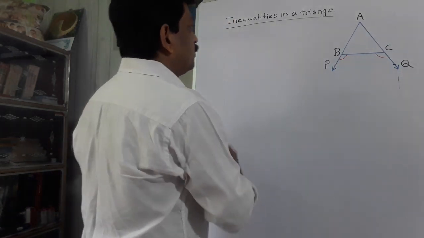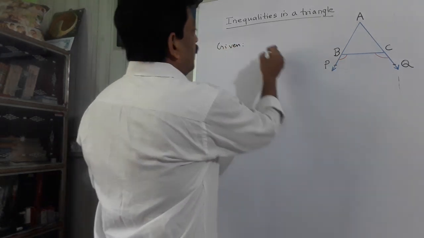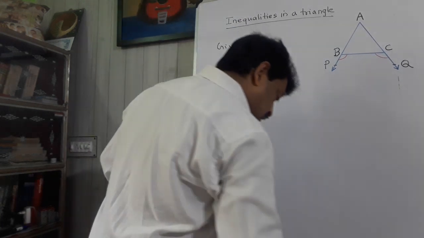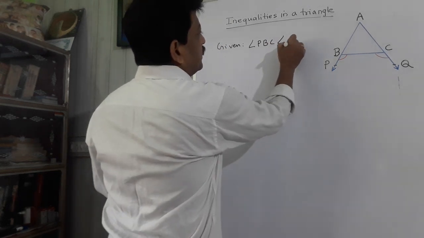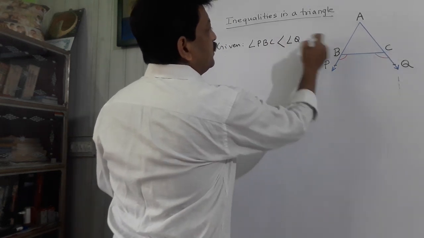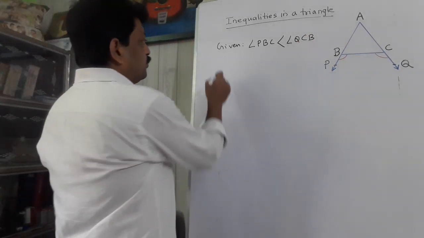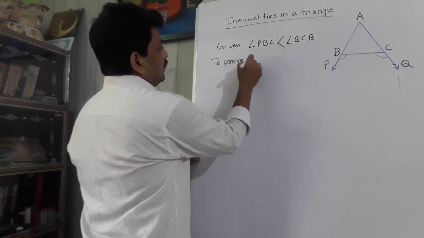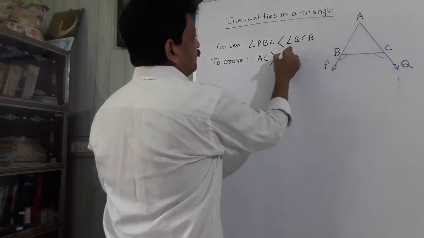It is given in the question that angle PBC is less than angle QCB. We have to prove that AC is greater than AB.